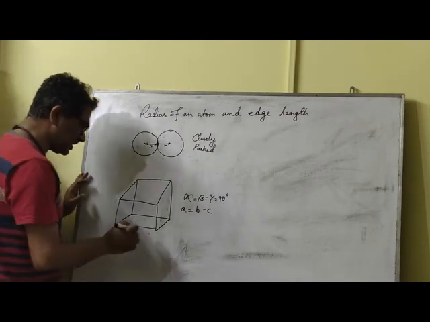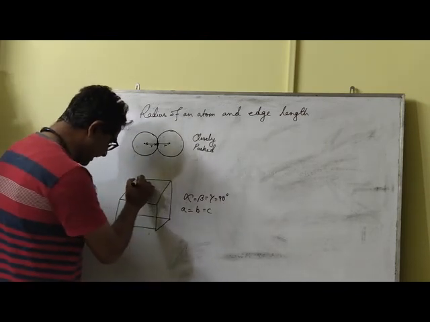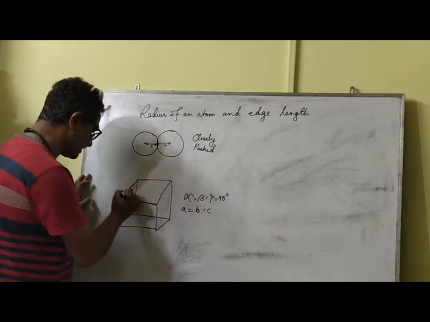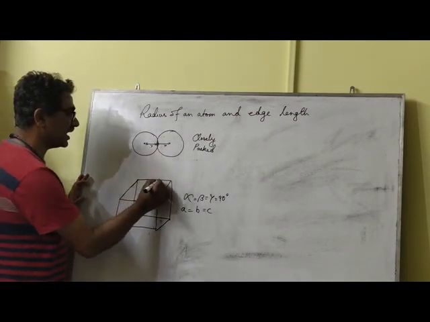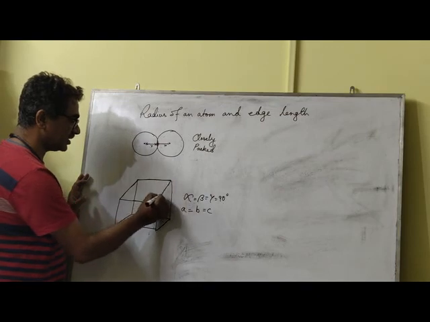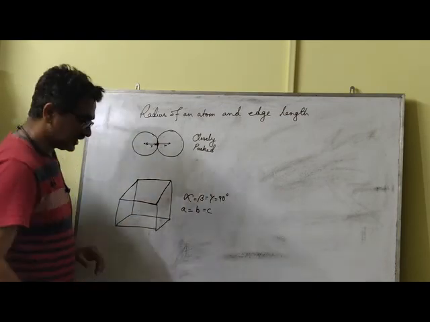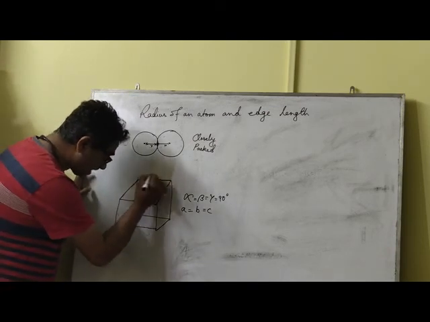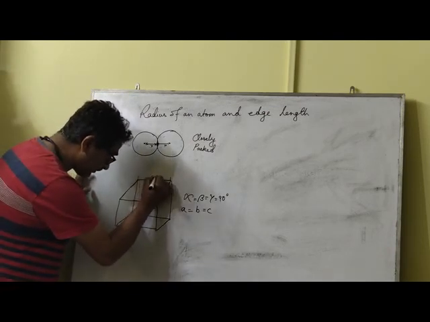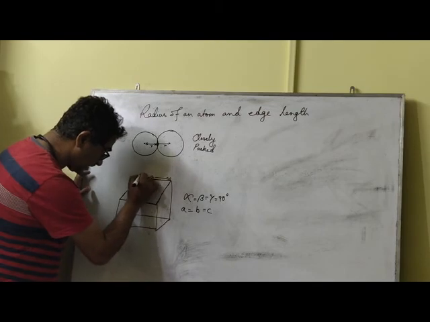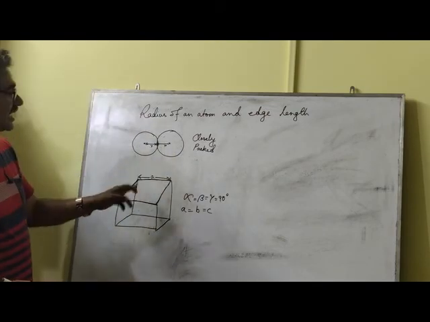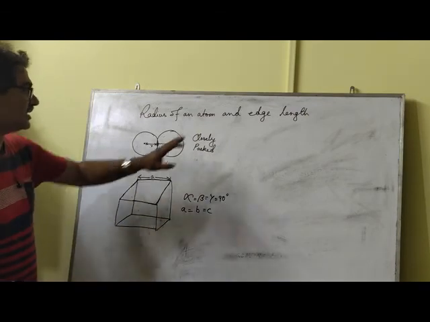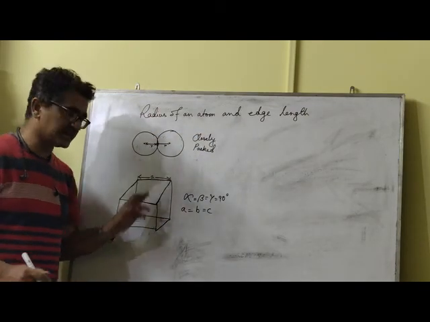Now when I'm talking about edge length, these are the edges. This is an edge, this is an edge, this is an edge, this is an edge. So this edge, if we take it as a, that's the edge length, and we are supposed to find the relationship between this edge length and the radius of the atom, that is r.